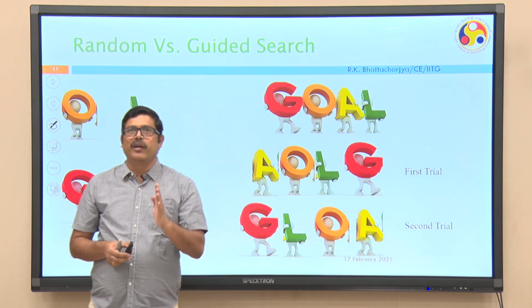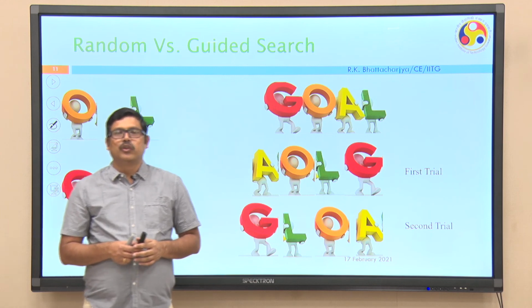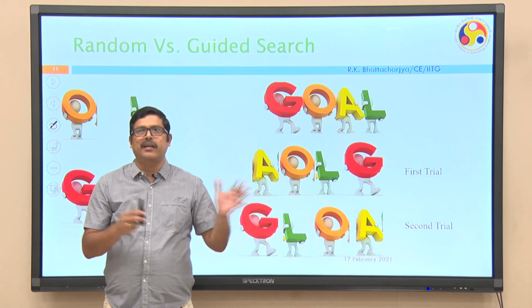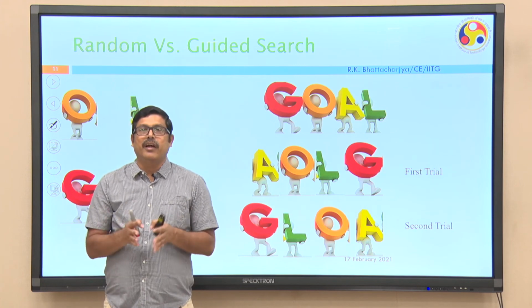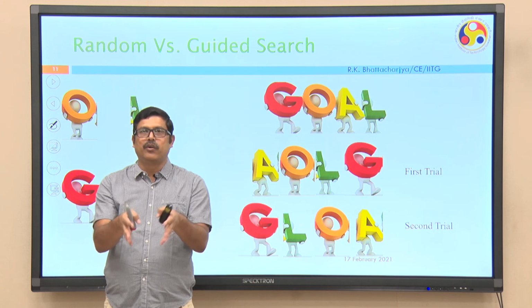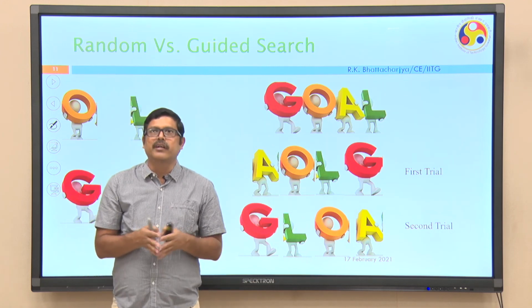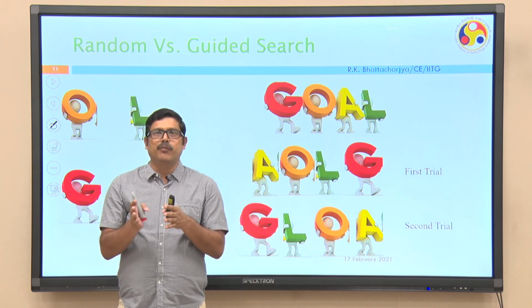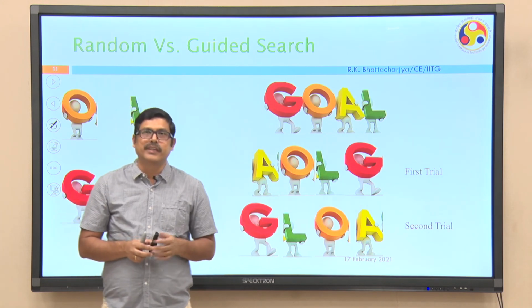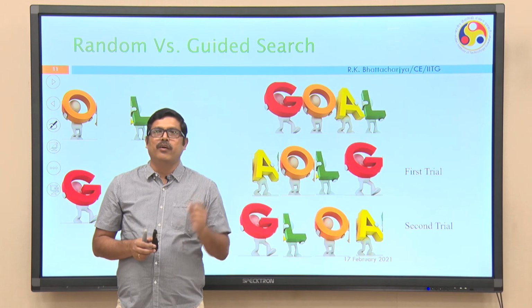Now, this is purely random search. There is no interlinking between the first trial and the second trial, or the second trial and the third trial. So, this is a purely random process.